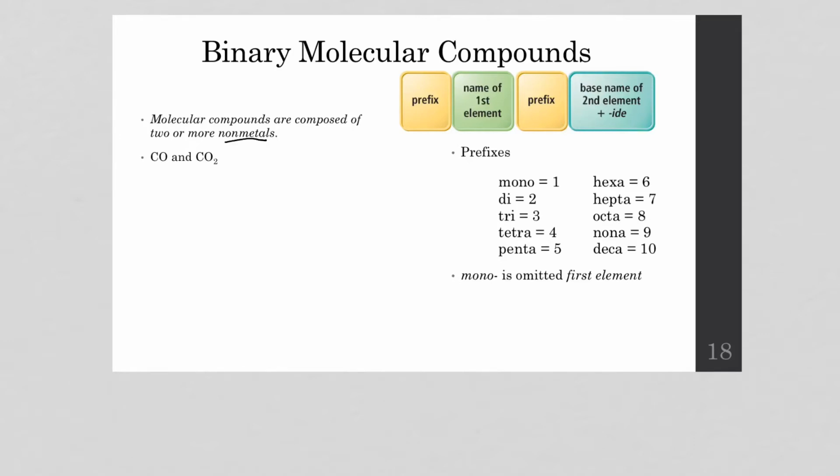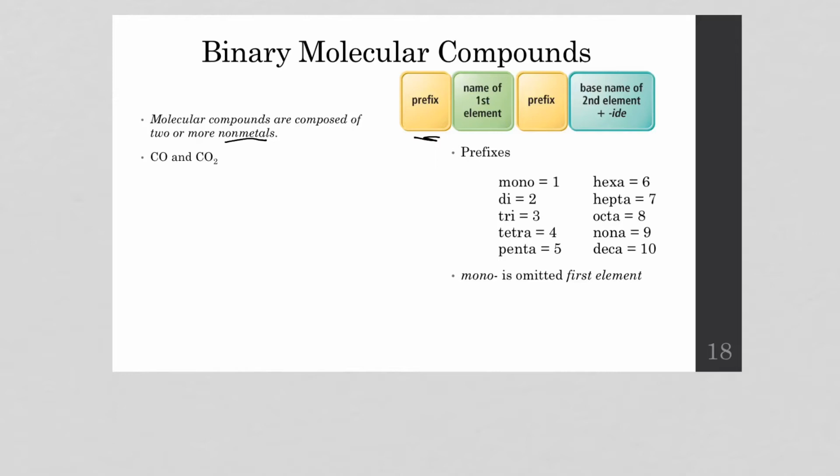So all of these compounds are going to follow a basic structure. We're going to look at the first element, use the name of that first element, and specify how many there are with a prefix. Now, the prefixes we will use are similar to the ones we used when we named hydrates when we talked about ionic compounds, except there won't be any hemi, and we've added a couple extra ones for 9 and 10 just in case.